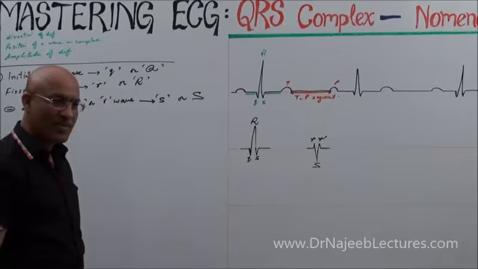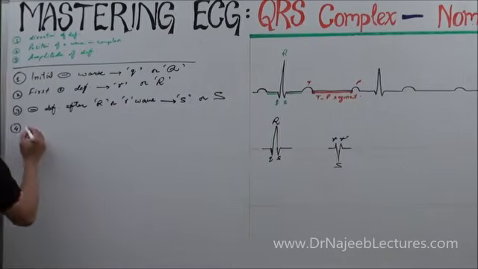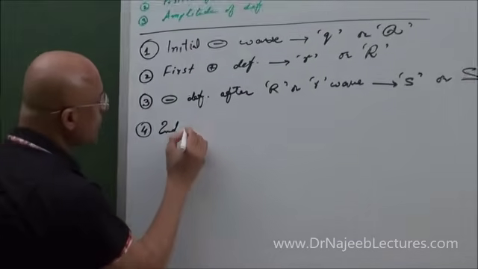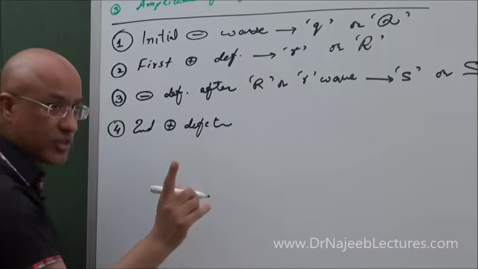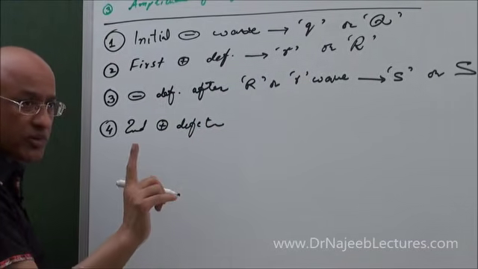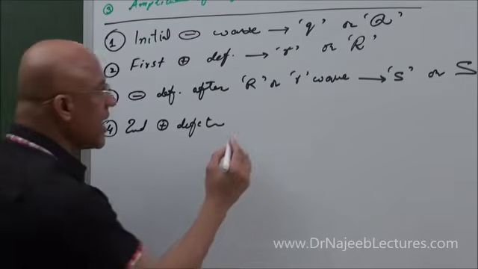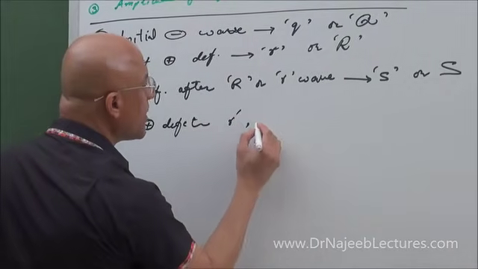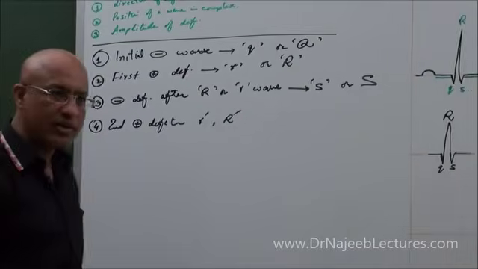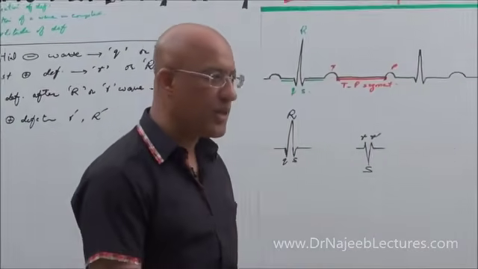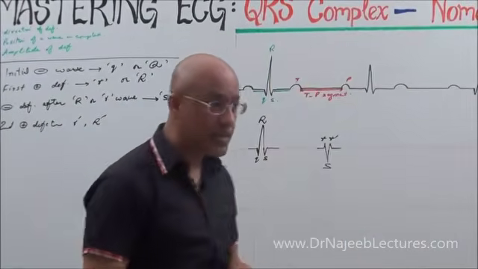So what is that? Second positive deflection within the QRS complex; first positive is R wave, second positive is R prime. Of course, either small or large depending upon the degree of amplitude of deflection.